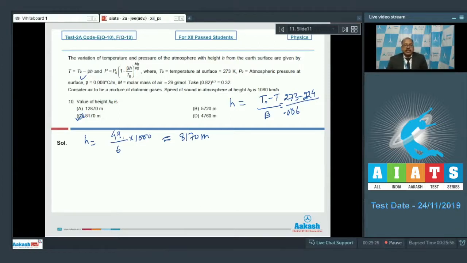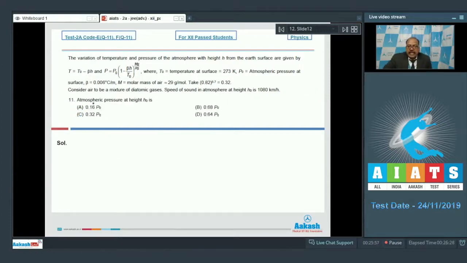Let's go to the next question now. Question 11 says atmospheric pressure at height h0 is. We can use this expression to find the pressure at height h0. Now that we have the values of P0, T0, beta, H, which we just found, H0 and mg upon R beta.